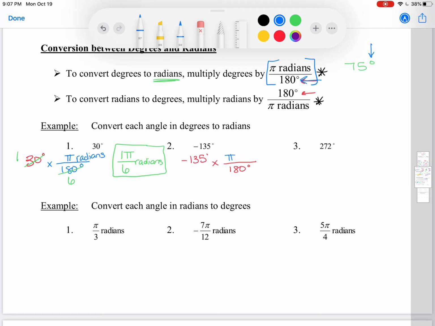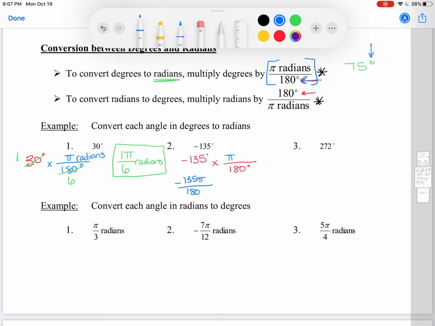Again, I want to cancel my degrees, so I have to put the other version down in the denominator, and then pi goes up top. And if you want to write radians, you can, okay? From here on out, if I see a pi, we're going to know that it's in radians because it's always what radians is in terms of, just like we wrote up above, all right?